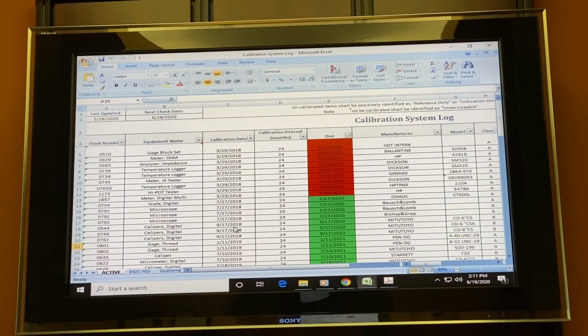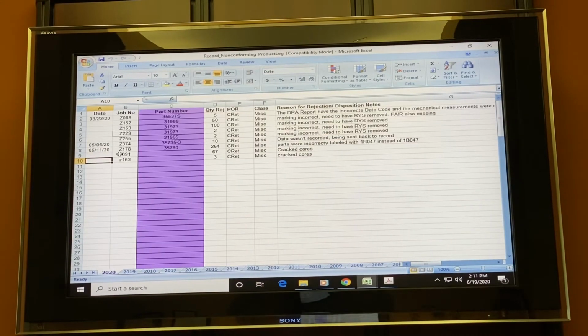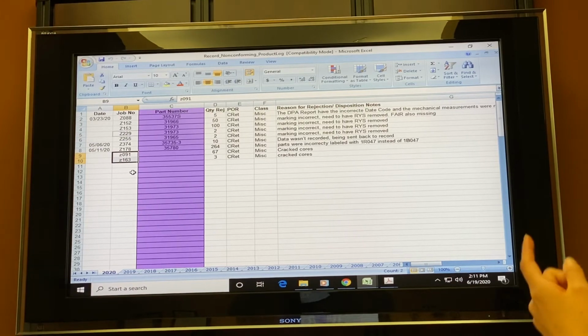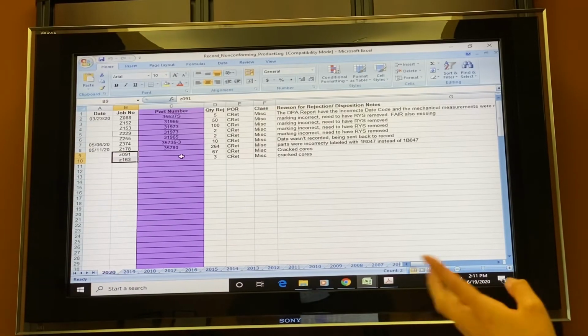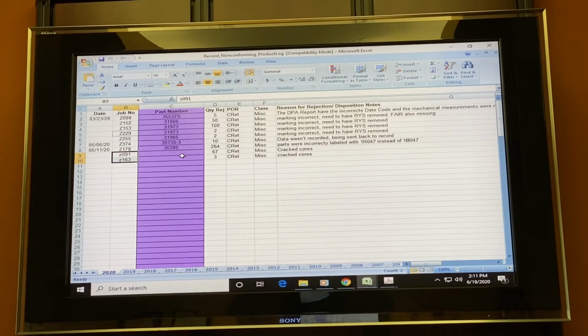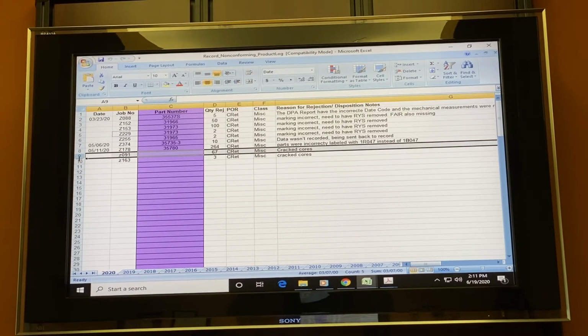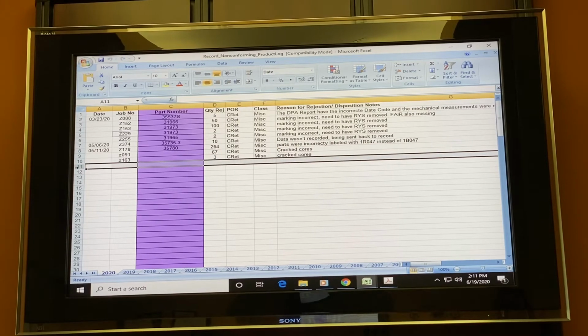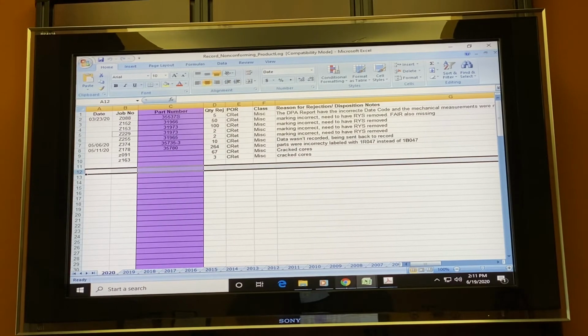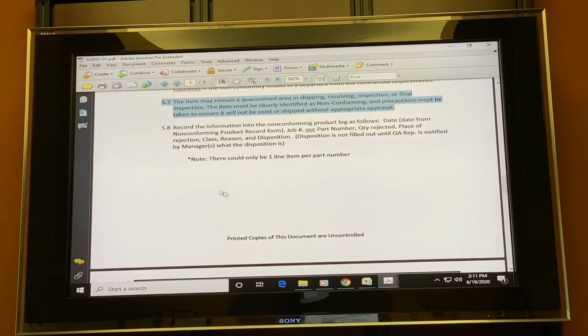If you recall, on the RMA log, it only had 1 RMA because it was all done at once, and that's allowed. But you have to put each job individually per line. That is what that part was saying right here: there could only be 1 line item per part number. That's fine. Yeah, that makes sense.